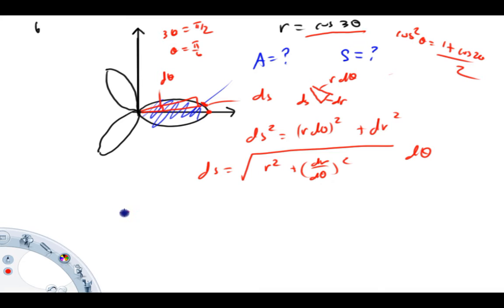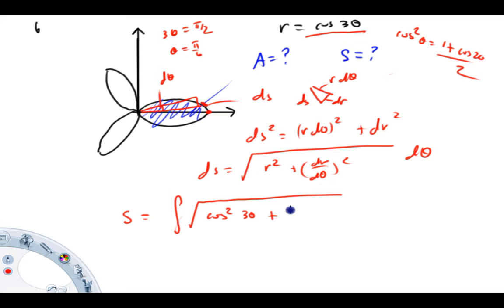Now in our problem, r is cosine 3 theta, so this is going to read the square root of cosine squared of 3 theta plus dr d theta squared. So here's r, and dr d theta would be minus 3 sine of 3 theta.